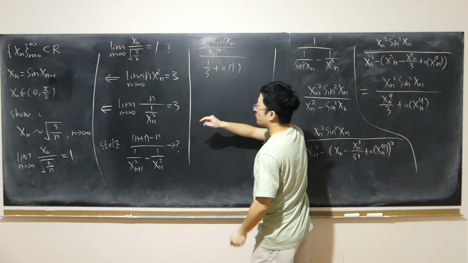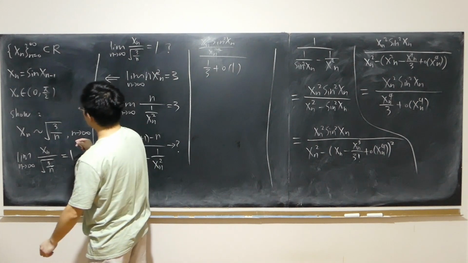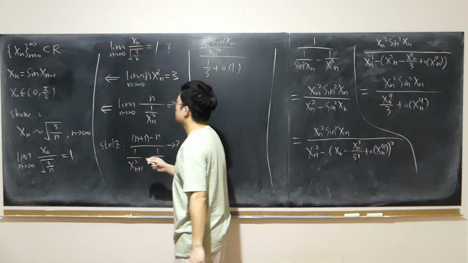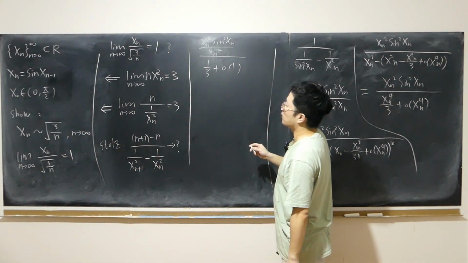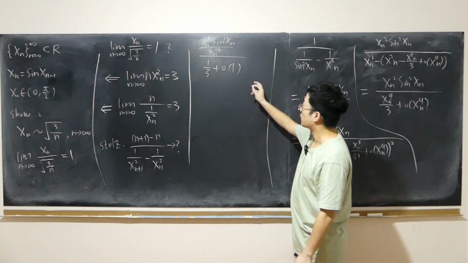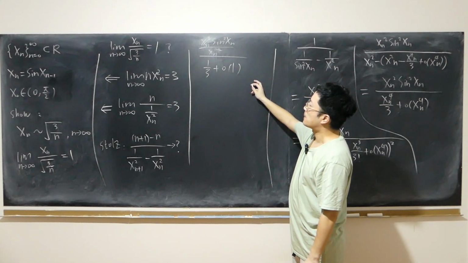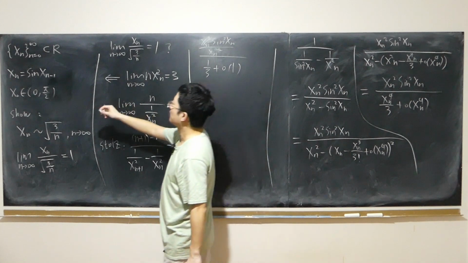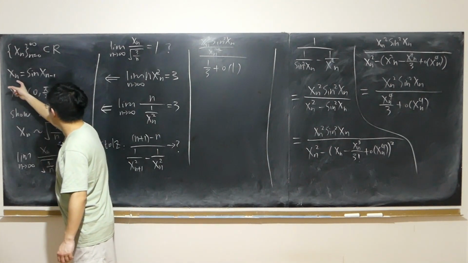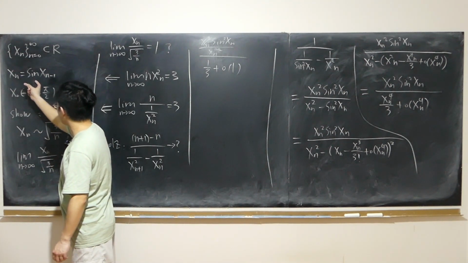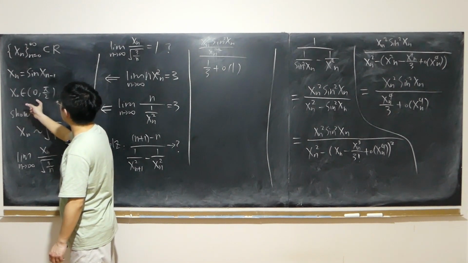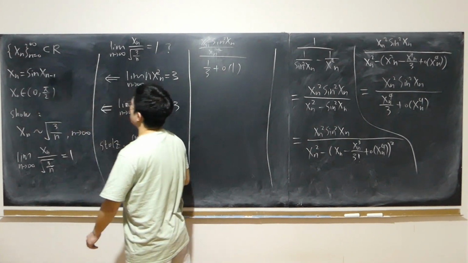Like I said, previously I've shown that xn actually approaches 0: as I take the limit on both sides, x equals sine x, and in this interval, x has no choice but to be 0.